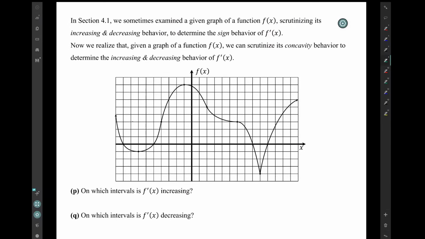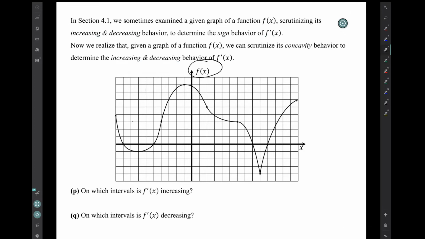In section 4.1, we sometimes examined the graph of a function considering its increasing and decreasing behavior to determine the sign behavior of f prime. Now we realize that if we're given a graph of a function, we can scrutinize its concavity behavior to determine the increasing and decreasing behavior of f prime. So here's that same given graph of a function f of x.